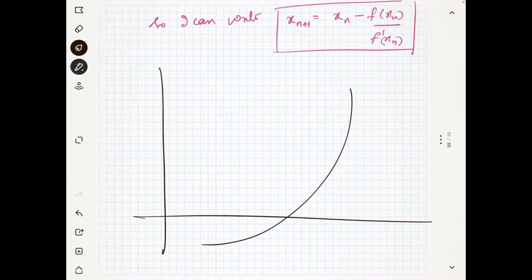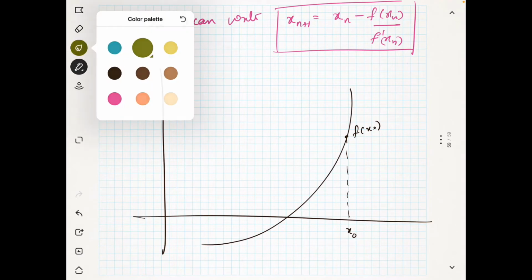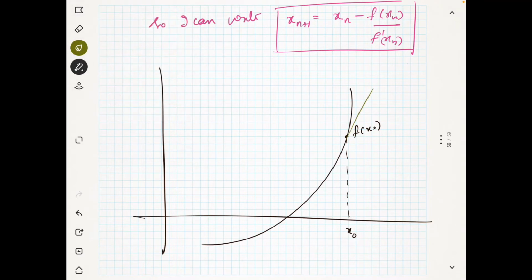So this is your f of x, you know, I will start with x0. Now you know what is f of x0. So I will just draw a line here now, and I will find the slope, and according to that I will find my, so I got some point here.